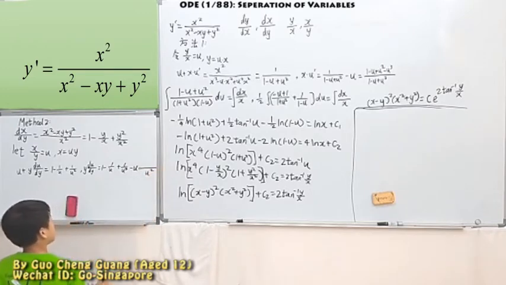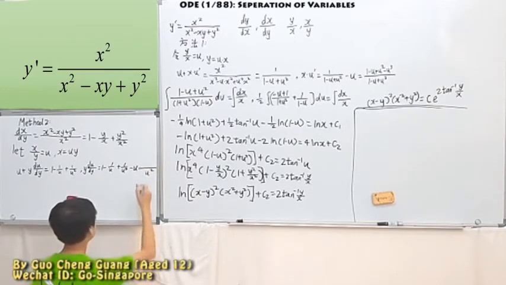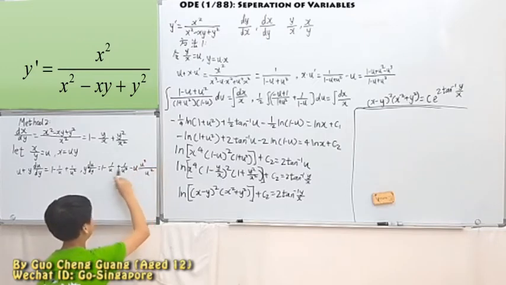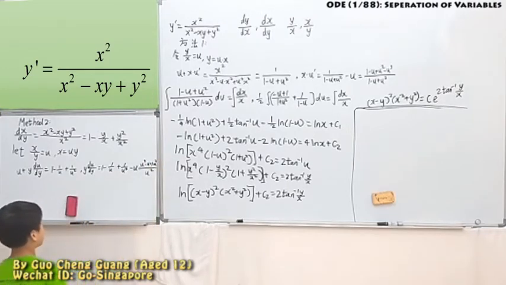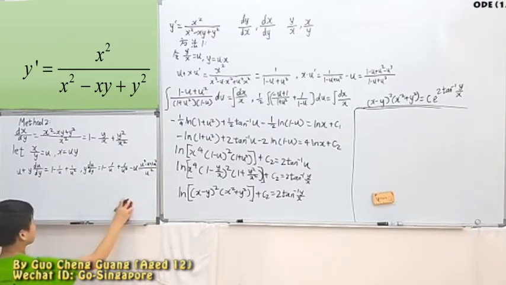And this common denominator is u squared. So by this order, it becomes like this.